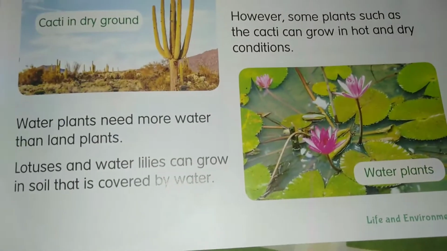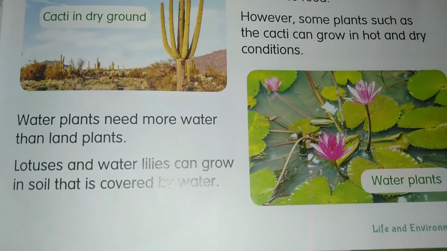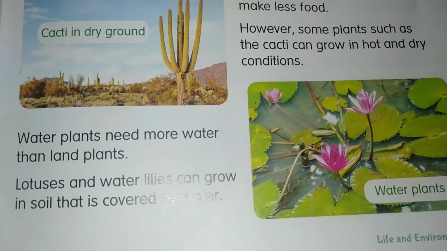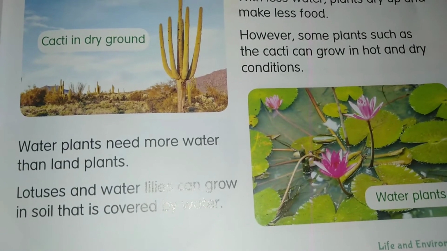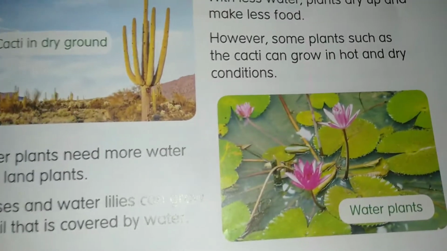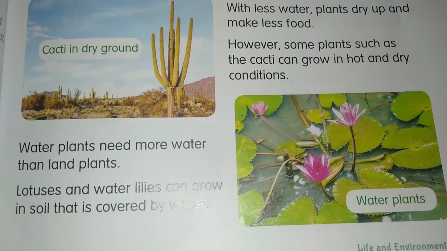But this one, the water plant, the water lily. Water plants need more water than land plants. Lotuses and water lilies can grow in soil that is covered by water. You can see that one.